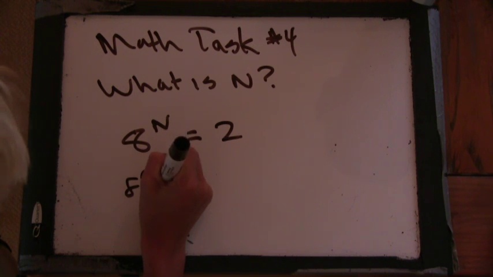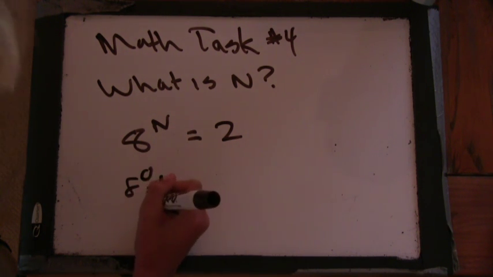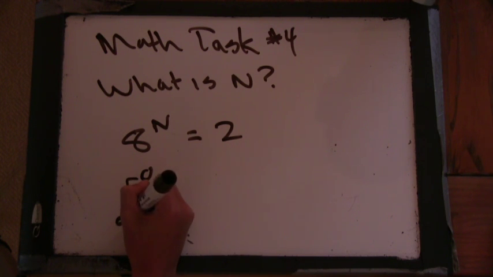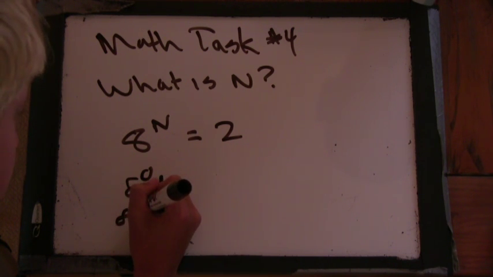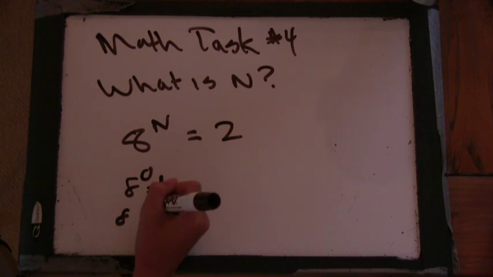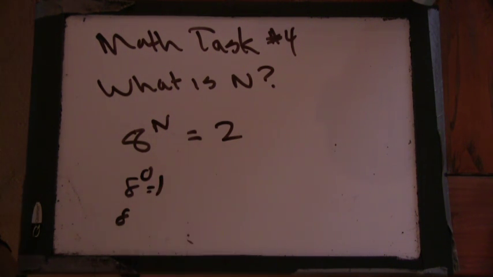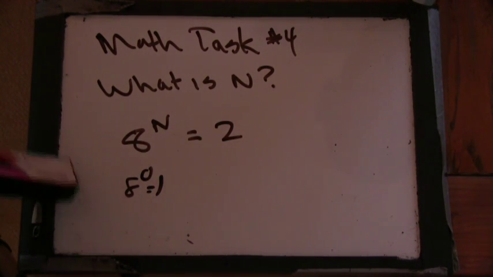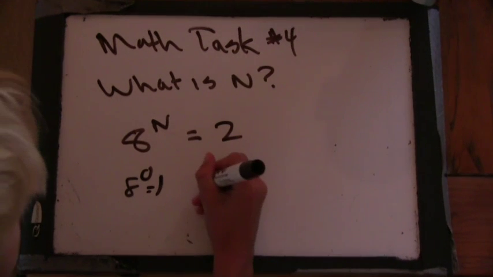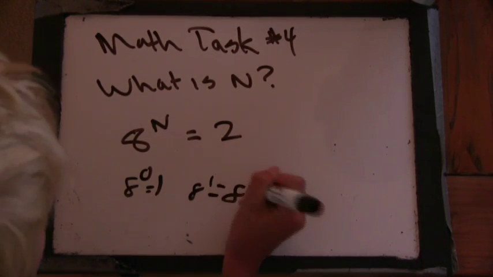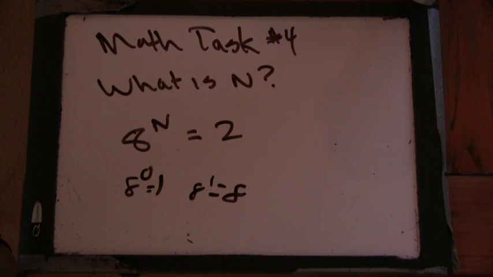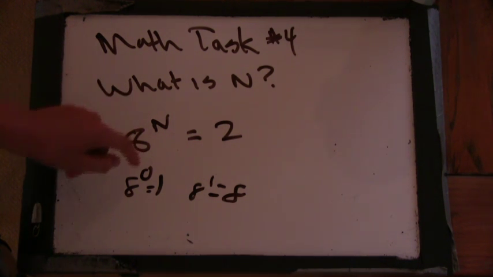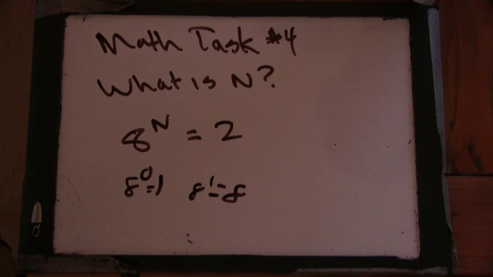So 8 to the 1 is 8, and 8 to the 0 is 1. And 8 to the n is 2. Yeah. So it has to be somewhere in between 0 and 1.